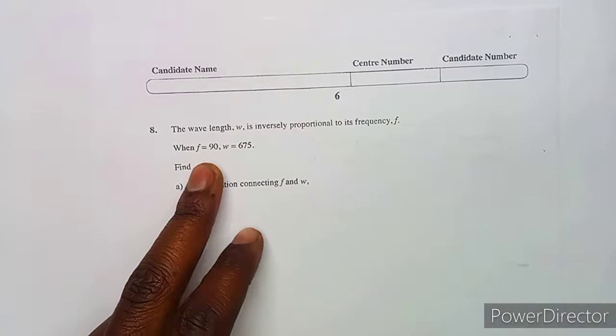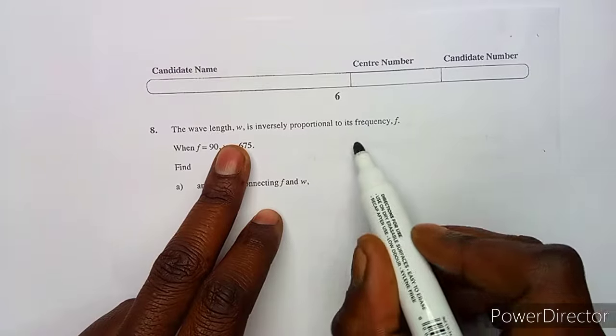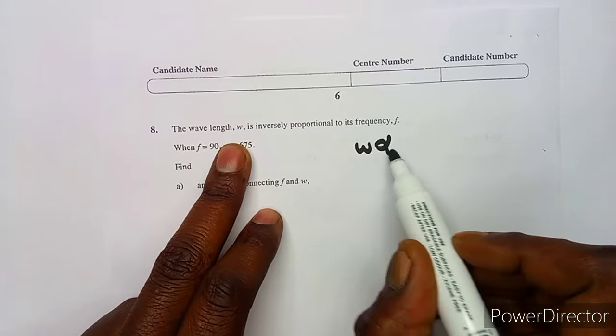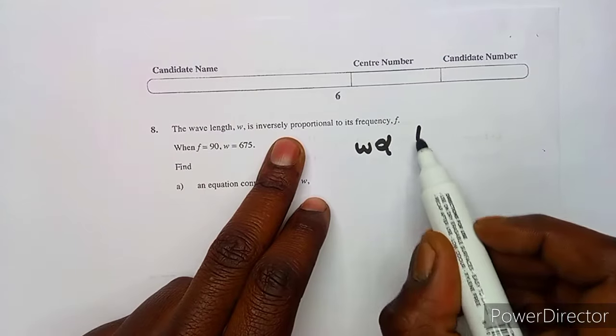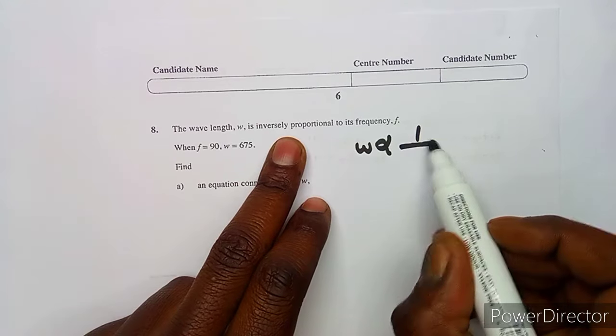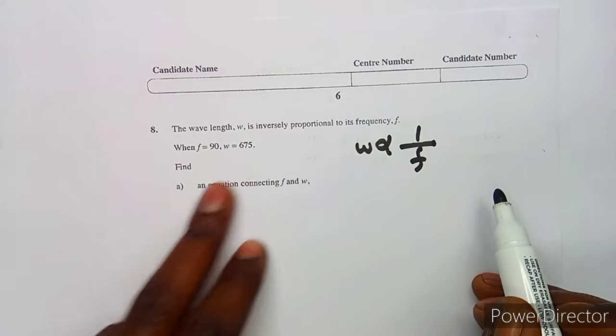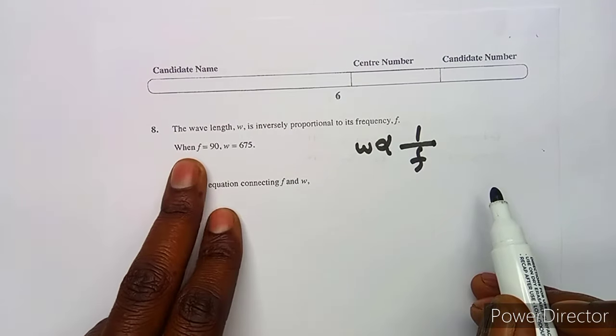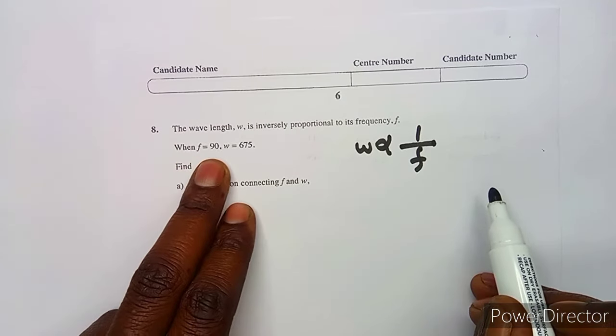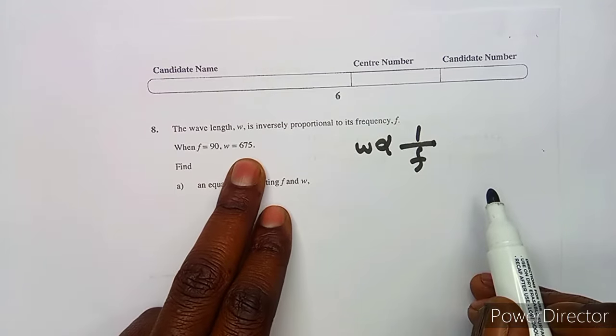Then here we are given that the wavelength w is inversely proportional, so 1 over, to its frequency, which is f. When f is equal to 90, w is equal to 675.